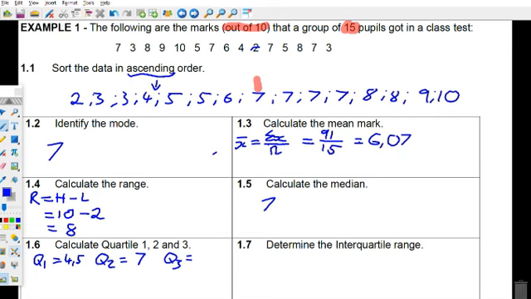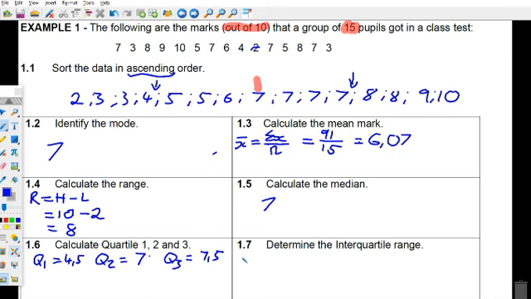Now we look for the next one. My Q3 is going to be the median of my top half. From here to there, where's the median? It's 7.5. Now determine my interquartile range. What is an interquartile range? The middle half, the middle 50%.